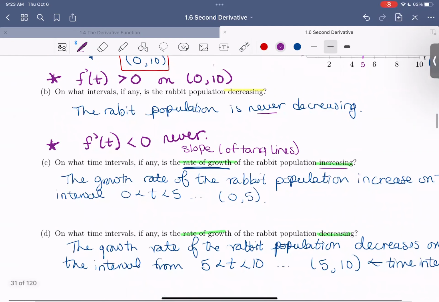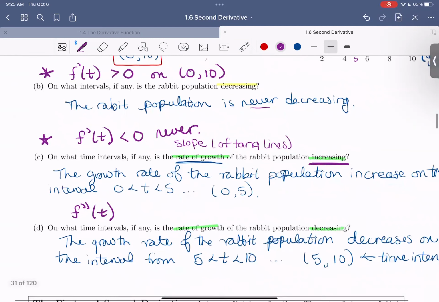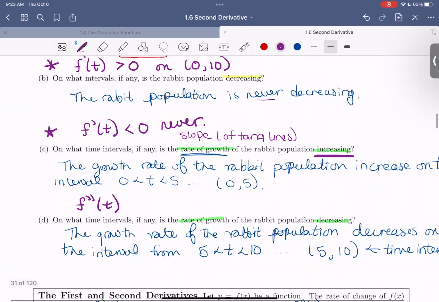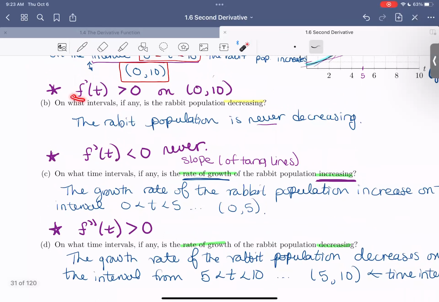Now when we talk about whether our rate of change or growth rate is increasing, then we're looking at the second derivative, the change of the rate of change, the change of f prime of t. If our growth rate increases, then our second derivative is positive, just like we saw if our function increases, the first derivative is positive.